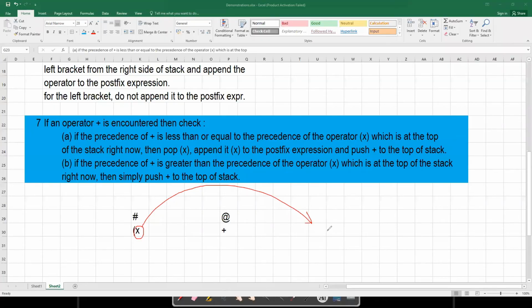So we will be having it over here and push plus to the stack. So now your stack should contain this plus. And whatever is there in the postfix expression, that will get this value. So we will do it over here.